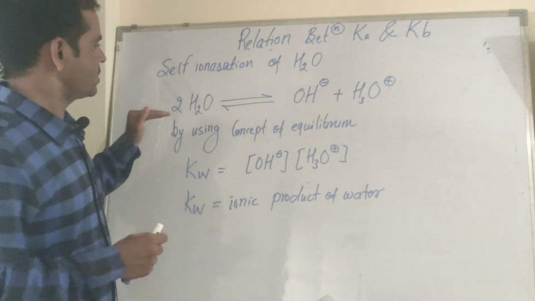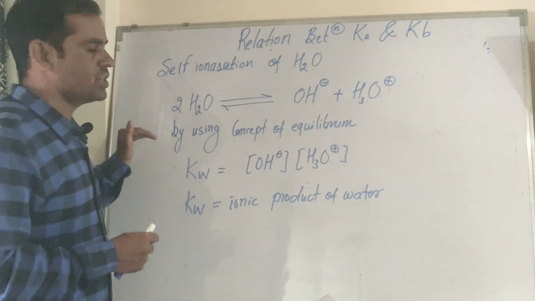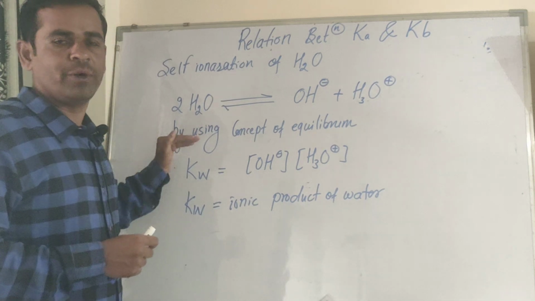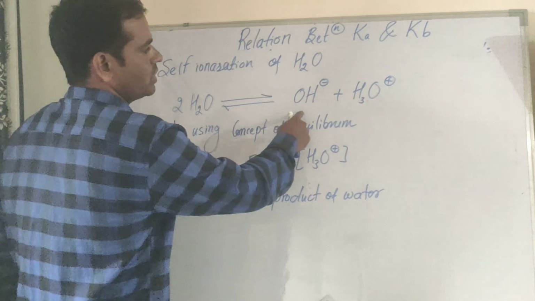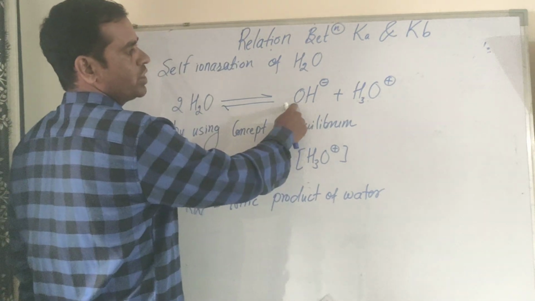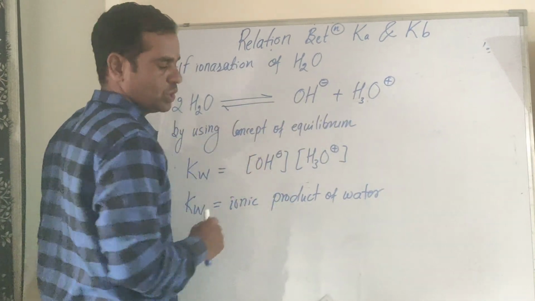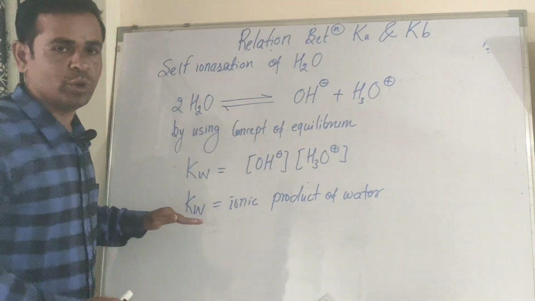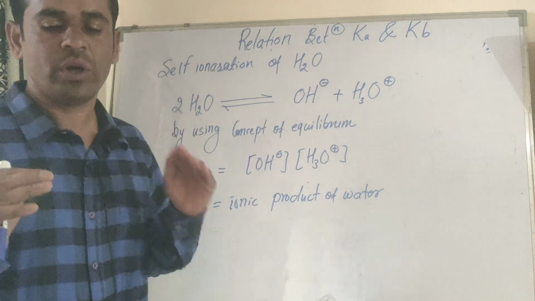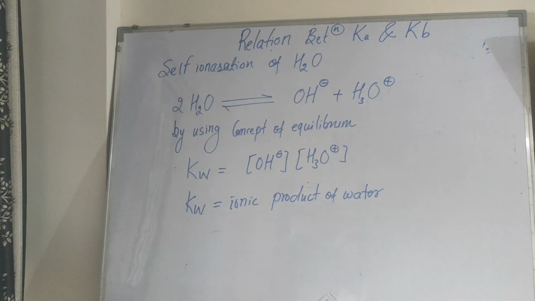Using the concept of equilibrium for the ionization of water, Kw is equal to the concentration of OH negative ion times the concentration of H3O positive ion. Kw is called the ionic product of water.